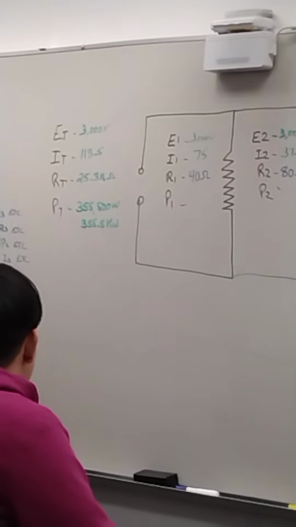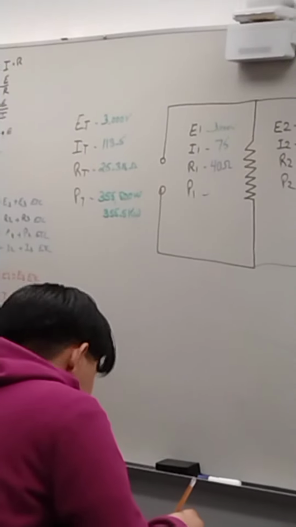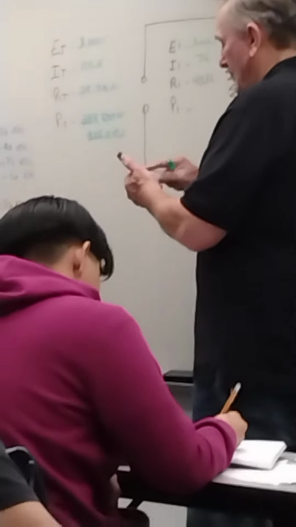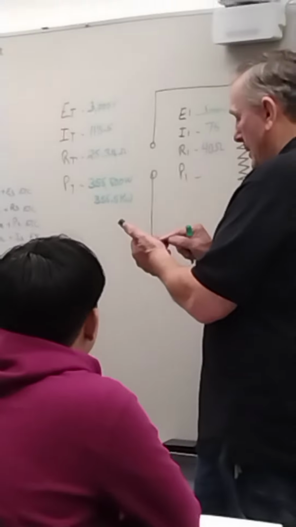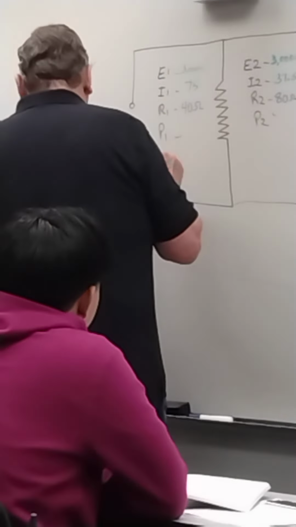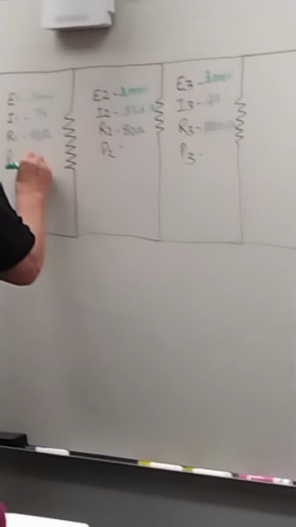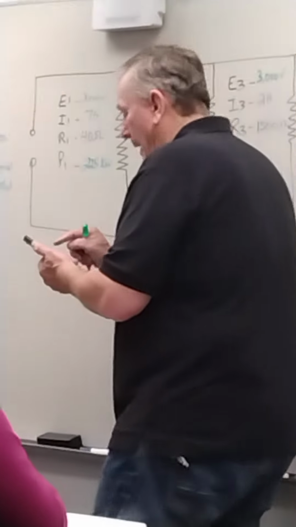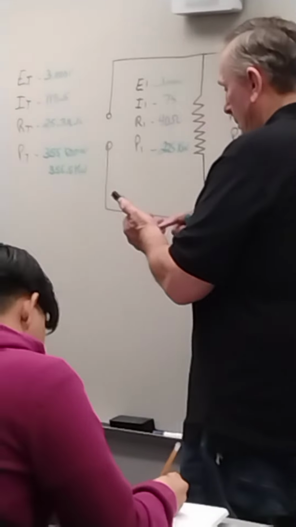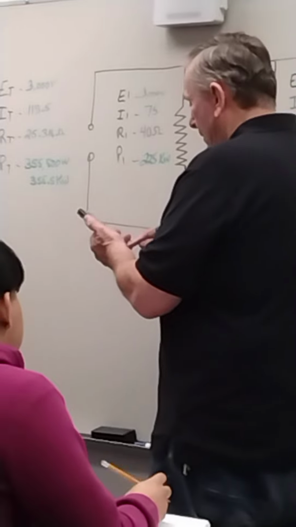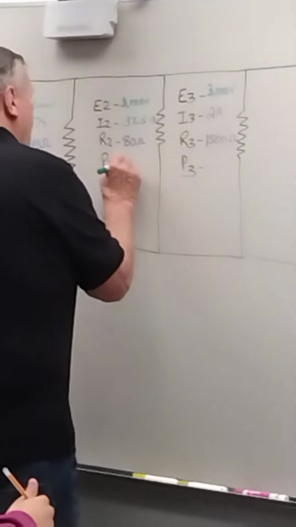Okay, so there we go, and I can come back here now and work out all my individual values. In this particular case, I can take 3,000 times 75. That's 225,000. I can take 3,000 times 37.5, that equals 112,500.